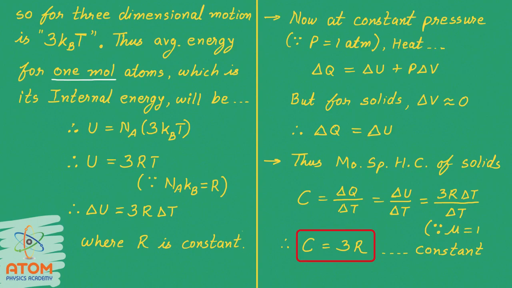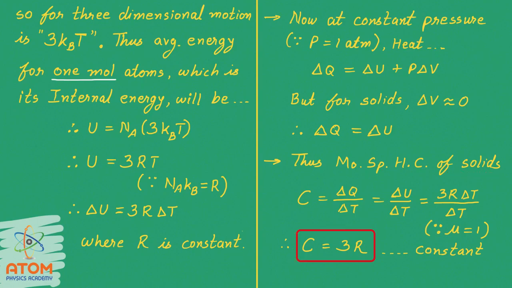So here mu is equal to 1, and that's why the equation becomes C is equal to delta Q upon delta T. But delta Q is delta U, so it is delta U by delta T. But again, here we have seen that delta U is 3R delta T. So I can place here 3R delta T upon delta T. So delta T will be cancelled out and we will be getting 3R only. So C becomes 3R. Mind well, this C is the molar specific heat capacity and we are talking about solids right now.